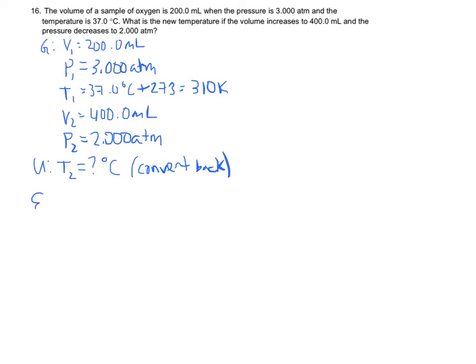Okay, so the equation. All right, this is the combined gas law equation because we've got pressure, temperature, and volume all changing in this. So when you look at your equations, the only one that has pressure, temperature, and volume in it is the combined gas law equation that also has number of moles in it, which we're just going to ignore.